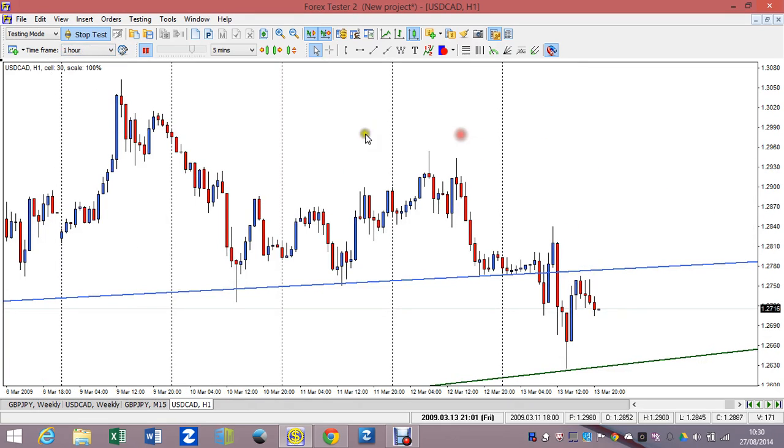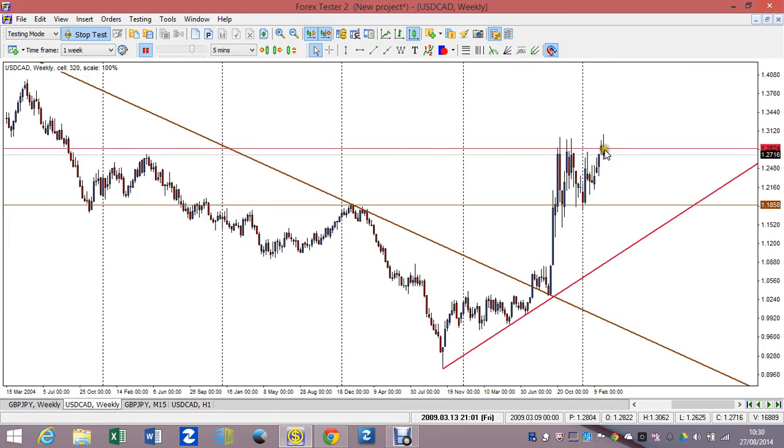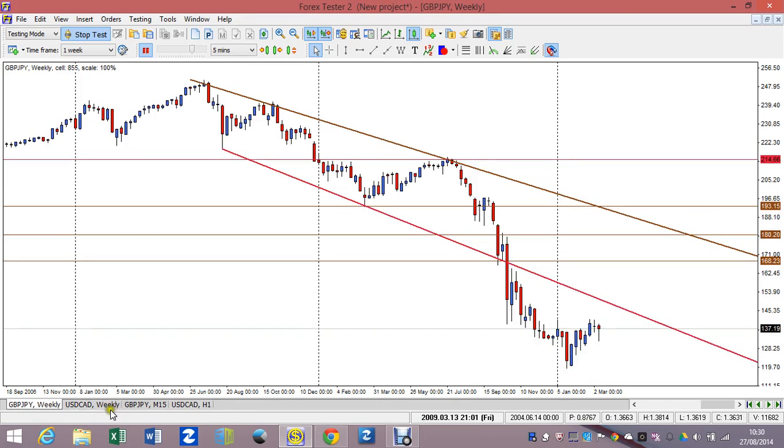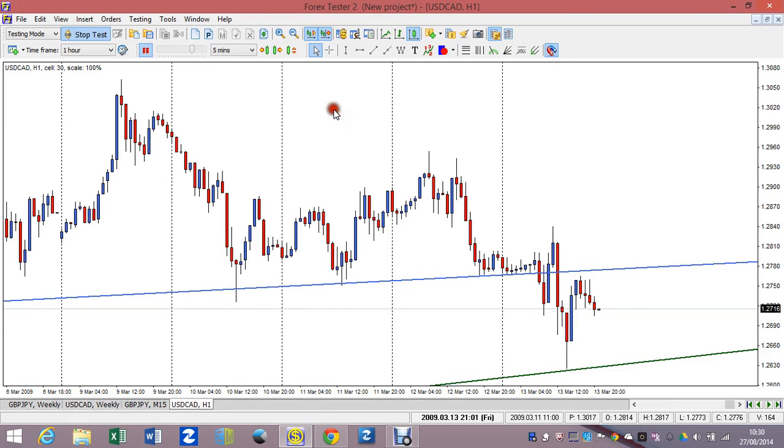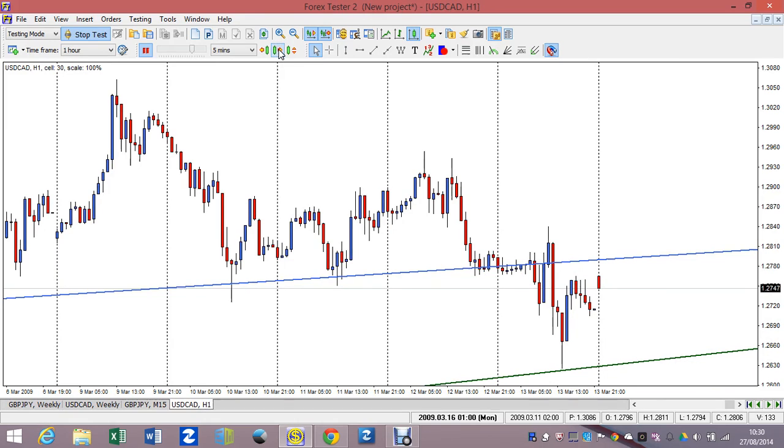Nothing better on the hourly chart. So a break of the green daily trend line or a retest of this blue 4-hourly trend line could be interesting. And again, it's this pin bar on the weekly chart that I'm looking at. It's not the best setup in the world, but nonetheless, that's okay. So scrolling on in the hourly chart now.